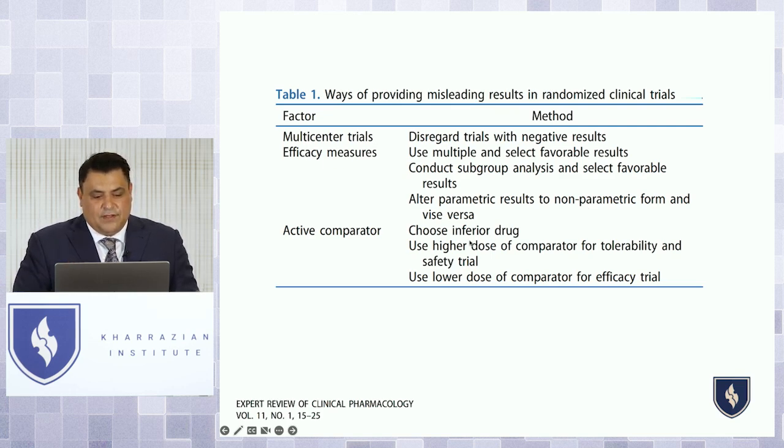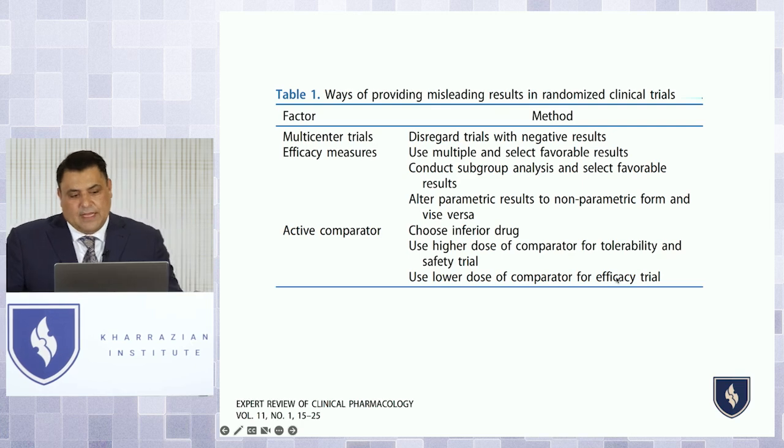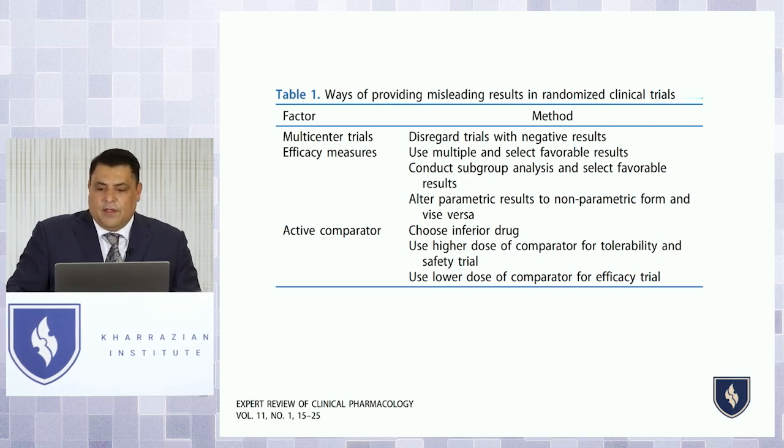They choose inferior drugs when they do superiority and inferiority studies. For example, they use higher doses of a competitor's drug for tolerability on a safety trial compared to their new trial, and they may use lower doses for an efficacy trial when they compare one drug versus another. And all this is done just to get the drug approved so they can make claims for it with the FDA and so forth.